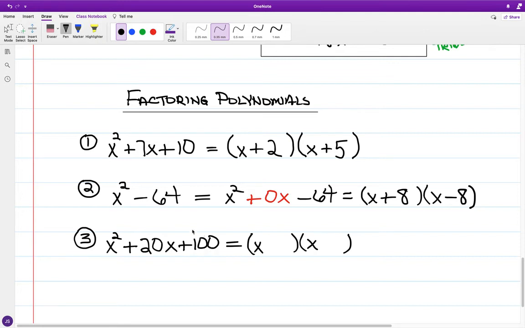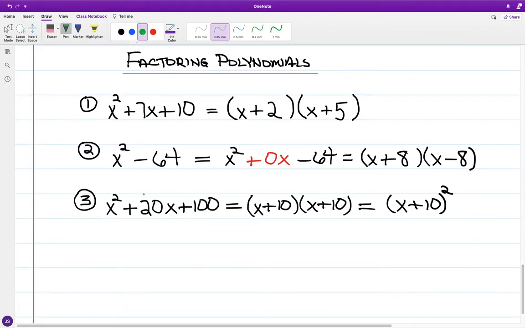Factors of 100 that will add up to 20, then we have positive 10 in both of these. And if you notice, we have x plus 10 times x plus 10. And this will come out to the square of x plus 10. Okay. So again, we have another case of a squared trinomial.